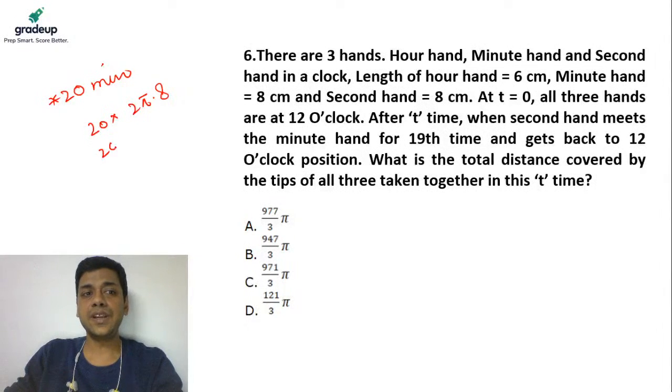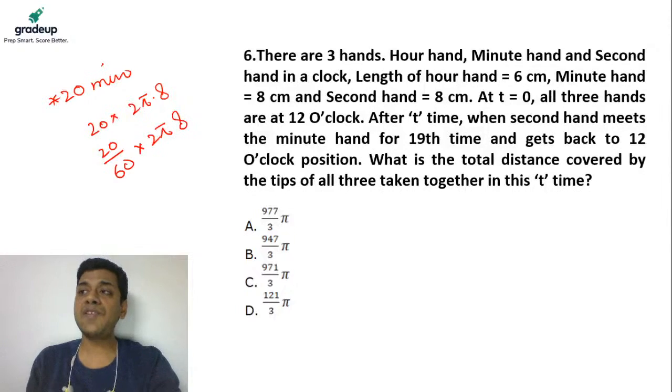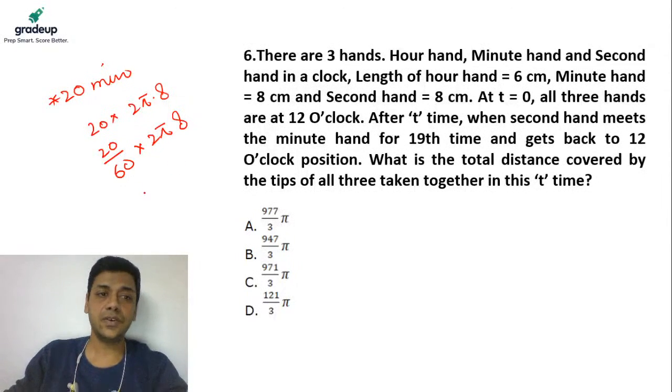So in 20 minutes, it will cover 20 by 60 into 2 pi r. And what about the hours hand? Hours hand completes one full round in 12 hours. After 12, it is again at the starting point at 12. So hours hand will cover 20 upon 12 into 60 times 2 pi r.